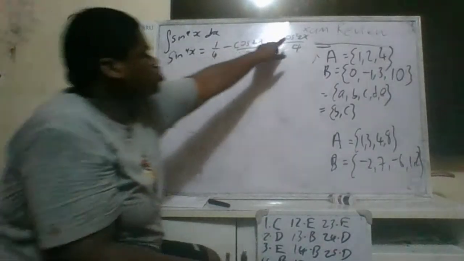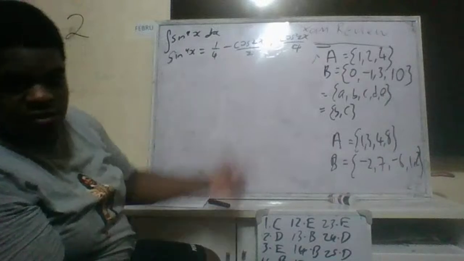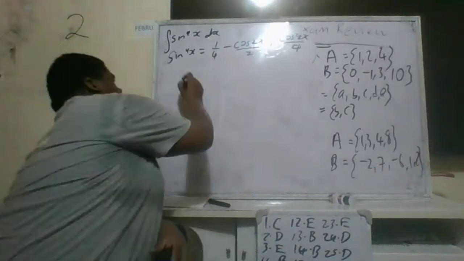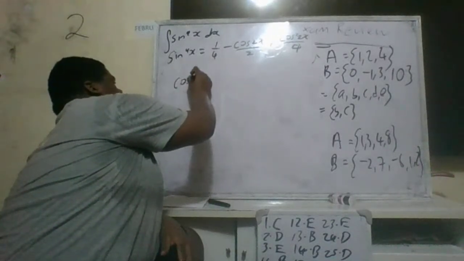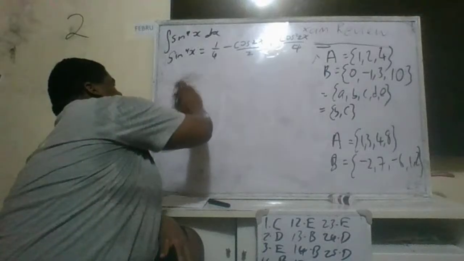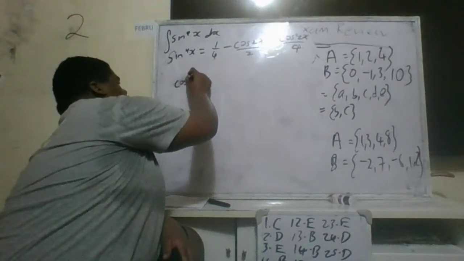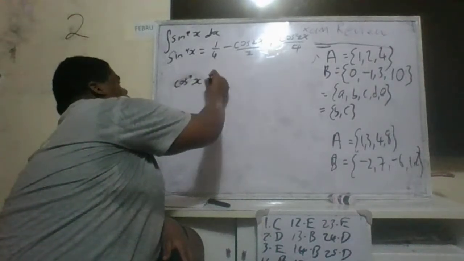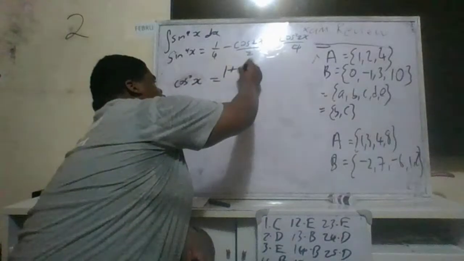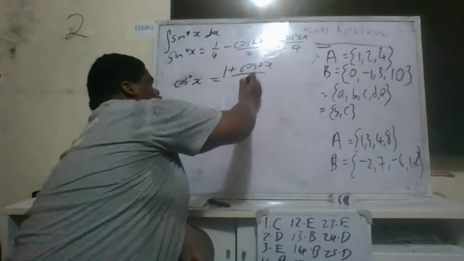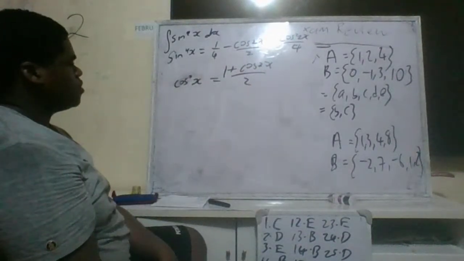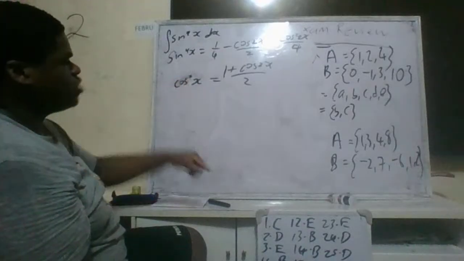So now, this cos square 2x can be simplified further. Remember that cos square x is equal to 1 plus cos 2x over 2.